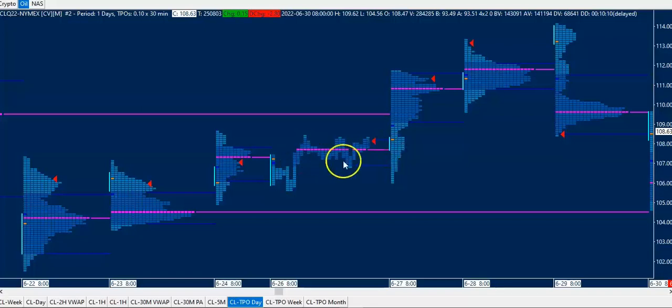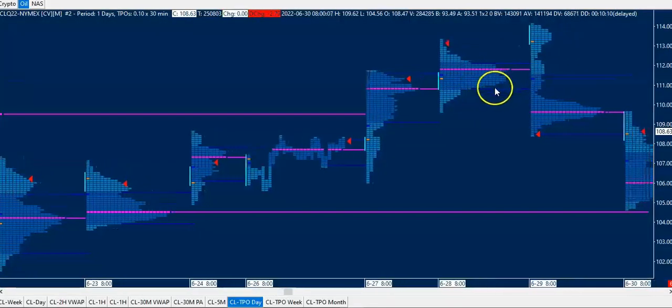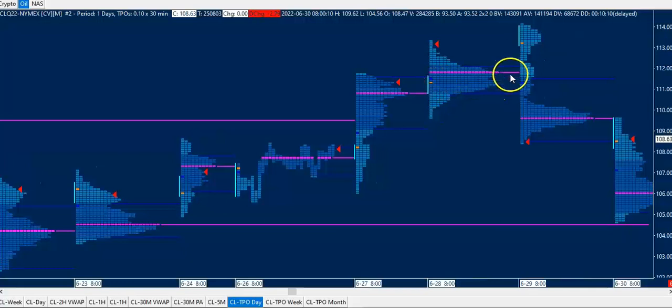Even though the value area low was broken, the price was not able to create any new value areas or any significant price action to the downside before it was ultimately rejected higher on the day, and then continues to move up as value continues to move higher, right? It wasn't until here that value was created lower for the first time.